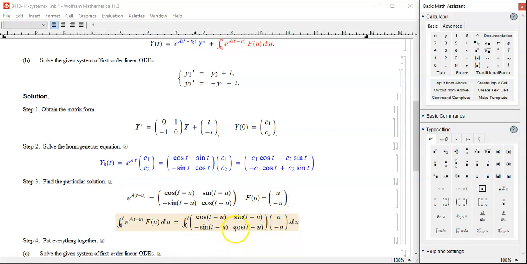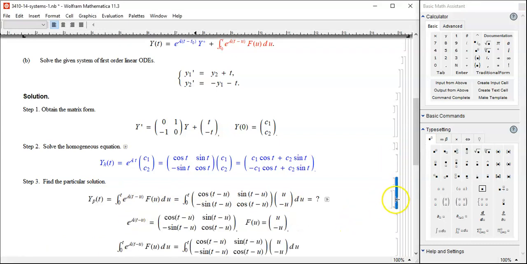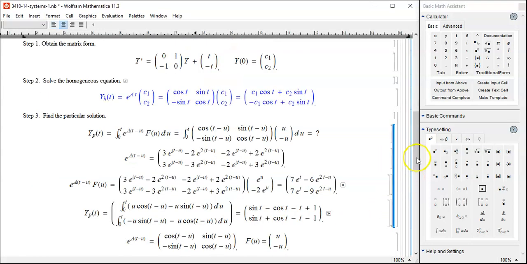Do the matrix computation first, and then I'm going to get a column vector, a 2 by 1 column vector, and then take the integral each time, and then you're going to be done. Tedious it may be, it can be done like this.